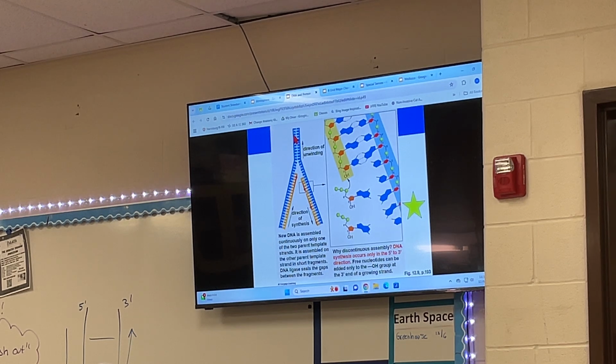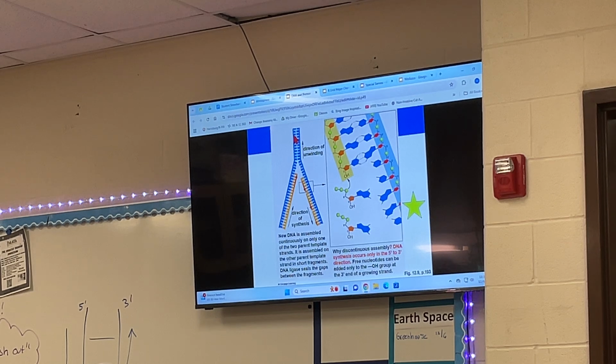Because as we're going to see when we watch the videos, it causes problems with the replication process. One side of the DNA can be replicated very, very smoothly, but the other side of the DNA has to be replicated in chunks. And these chunks are actually called Okazaki fragments, which we'll see in the video as well.